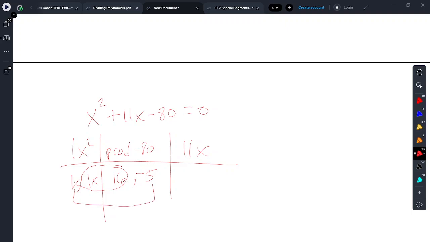The middle or the end? The middle, because x plus 16, when you make it equal to 0, is going to be negative 16. Not going to work here. So I'm only going to focus on the x minus 5 one. X minus 5 equals 0. So x is 5. If you ever had this on the SATs, ACTs, whatever, you could probably get away at that point guessing and checking.